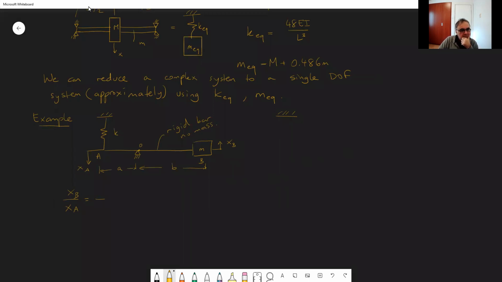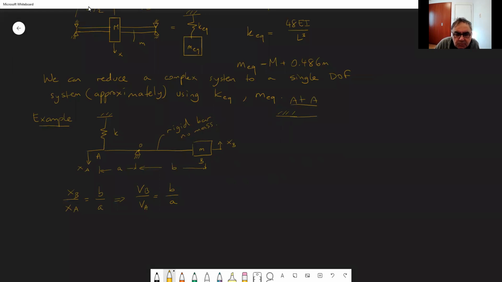B over A, right? From here, actually, VB over VA, velocities are also proportional.